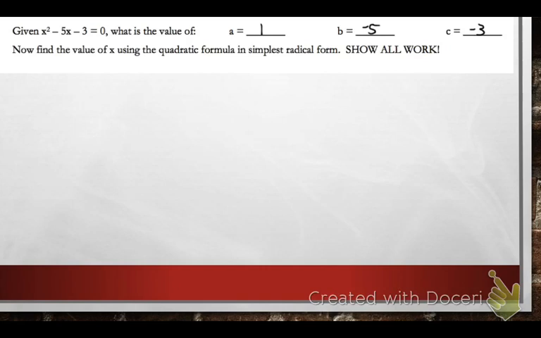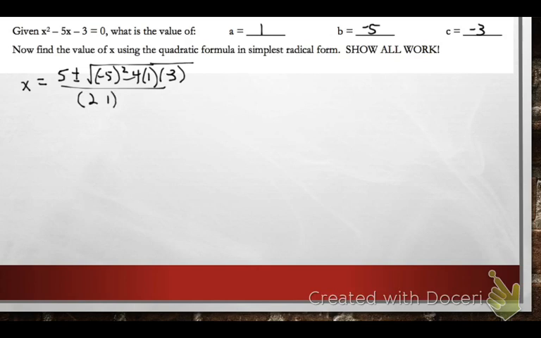So plugging those into the formula, we have x equals the opposite of b, so that would be positive 5 plus or minus the square root of negative 5 squared minus 4 times our a value, which is 1, times c, which is negative 3, all divided by 2 times 1.